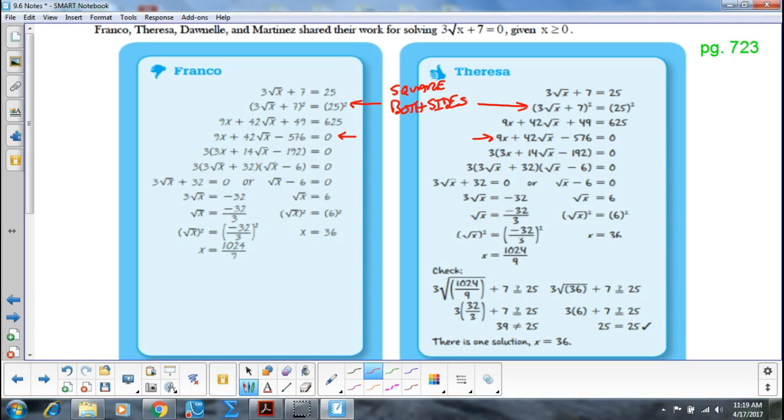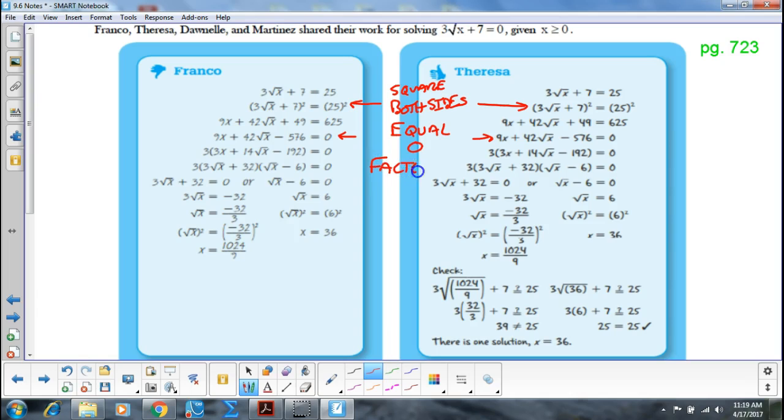They got it equal to 0. Okay, so they got it equal to 0, and then what did they do after that? They factored. Okay, because then all throughout in here they factored.